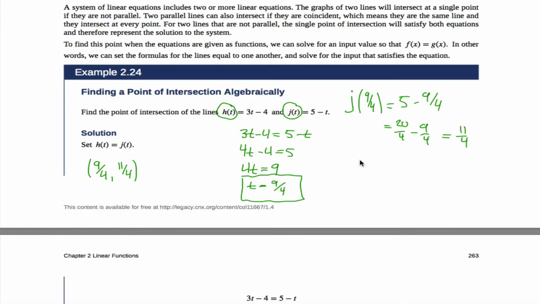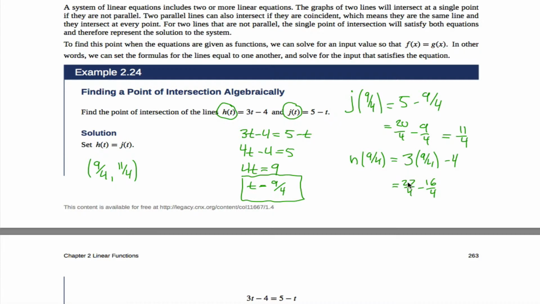How could you check it? Well, if I plug 9/4 into h, better get the same answer, because where this came from was by setting these two equal to each other, finding the x-coordinate that gives me the same height no matter which one I look at. So I better get the same height coming out of this one that I did here. Let's see if I do. 3 times 9/4 minus 4. Well, that's 27/4 minus 16/4. 27/4 because you can think about this 3 as 3 over 1.